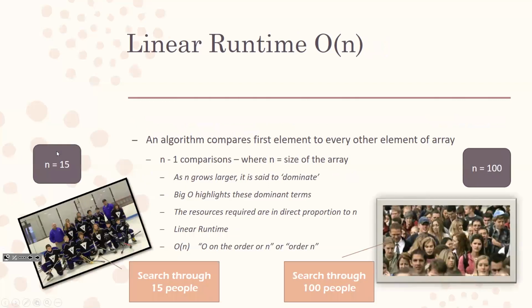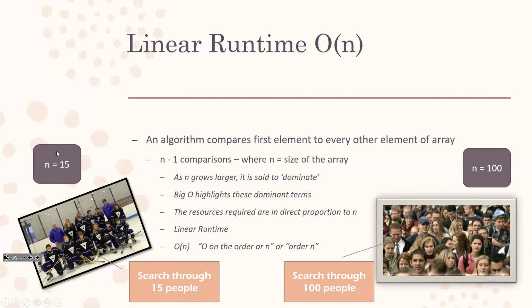Now, next, we have the linear runtime. An algorithm that has a linear runtime is one that compares the first element to every other element in an array. When we're doing a linear runtime type algorithm, we're going to be doing n-1 comparisons, where n is the size of our array.